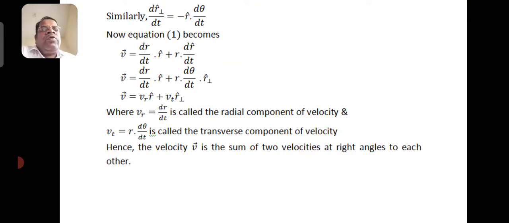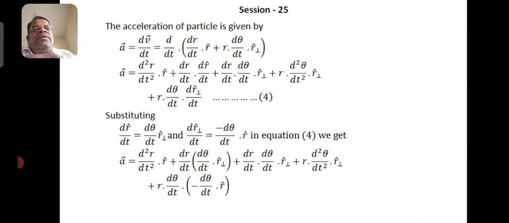Now, we have to discuss the radial and transverse component of acceleration. Session number 25. The acceleration of a particle is given by a equals the rate of change of velocity, that is dv by dt. d by dt, write in the bracket the velocity expression that is already derived.